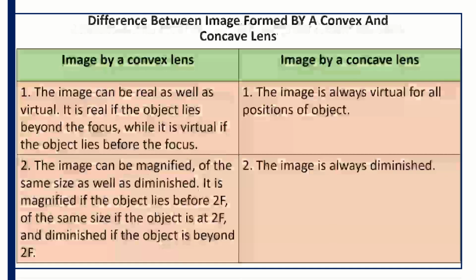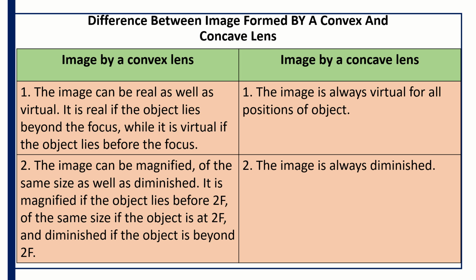Now, differences between the image formed by a convex and a concave lens. The image can be real as well as virtual in the case of a convex lens. If we keep the object at different positions, we get different natures of images.